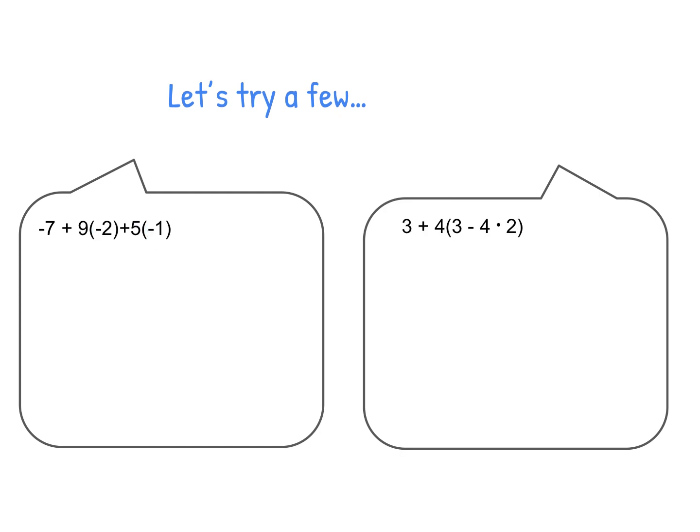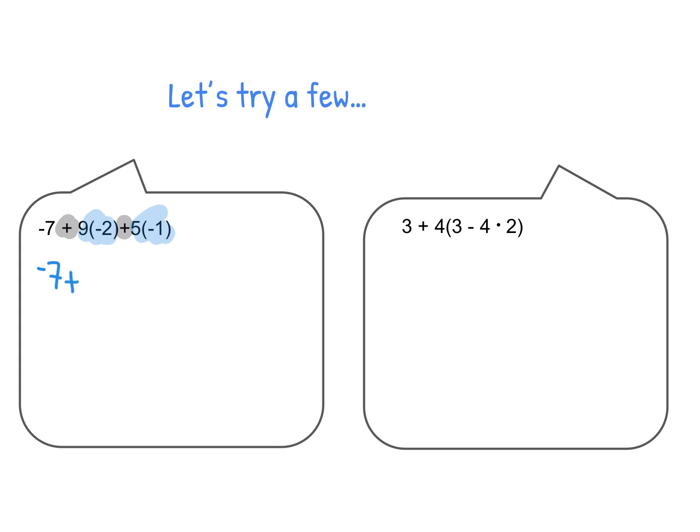Let's try a couple more. So again, I want you to notice this concrete wall that's living right here. Plus. We can't do anything until we get rid of the order of operations. What's happening? We have to get rid of this multiplication and this multiplication. So how do we do that? We want to bring down the -7.